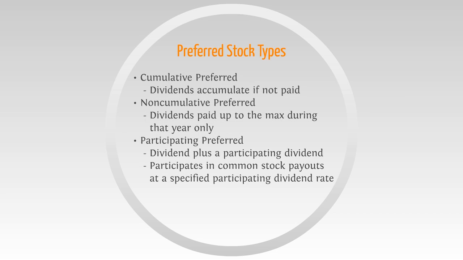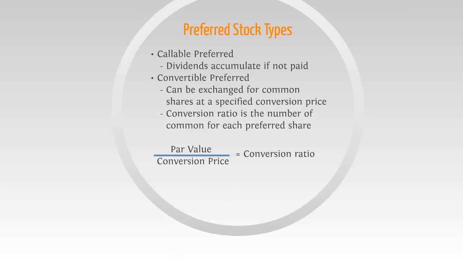We have non-cumulative, in which you're not guaranteed those past payments. And we have participating preferred, in which you, as a preferred shareholder, will receive a dividend payment and also some percent of whatever is granted to common shareholders as well. So you participate in those common dividend payments.